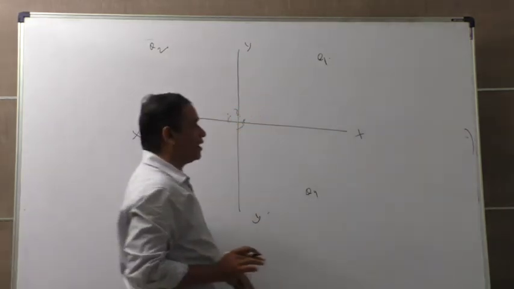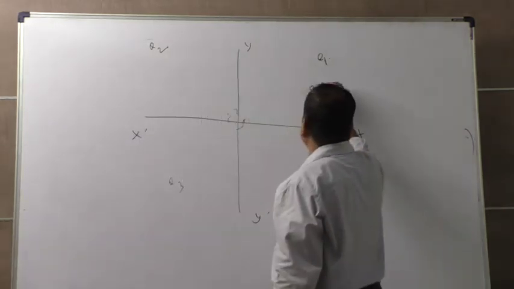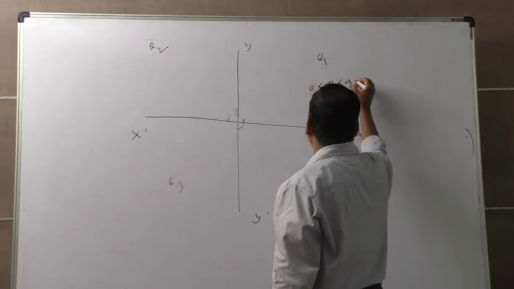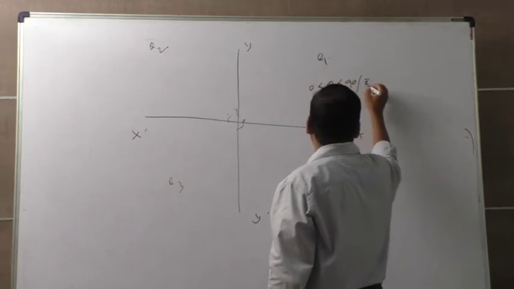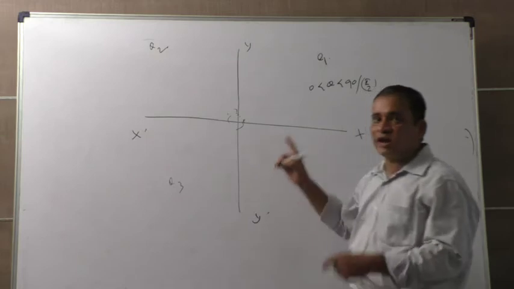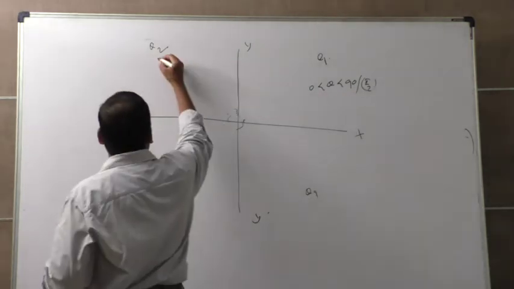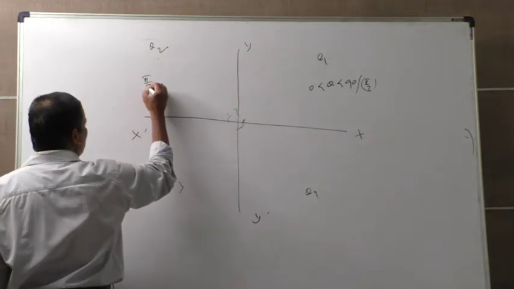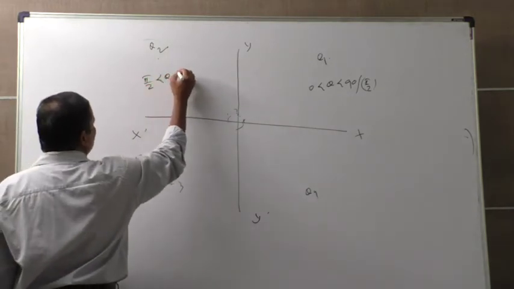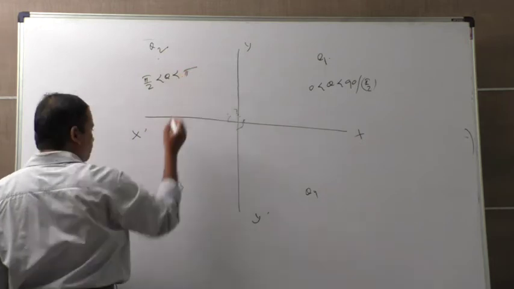The first quadrant lies between 0 less than theta less than 90 or pi by 2. Second quadrant, this Q2, lies pi by 2 less than theta less than pi.